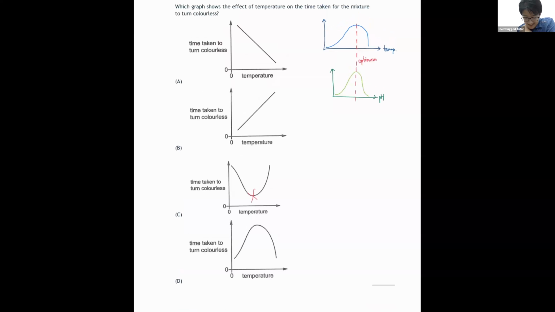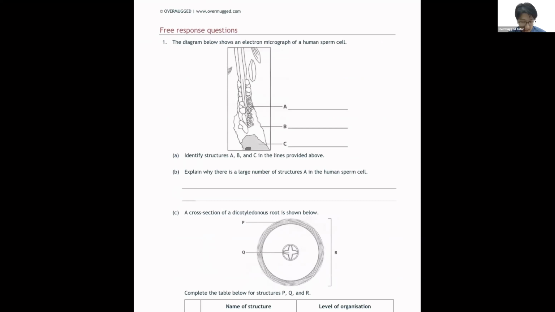Moving on to our open-ended questions now, the free response questions. Like I said, we need to be able to identify from diagrams or drawings the different parts over here. The question tells us electron micrograph. Can I ask then, what's the biggest difference between an electron micrograph and a light micrograph? Put it simpler: light microscope and electron microscope. What's the biggest difference there?